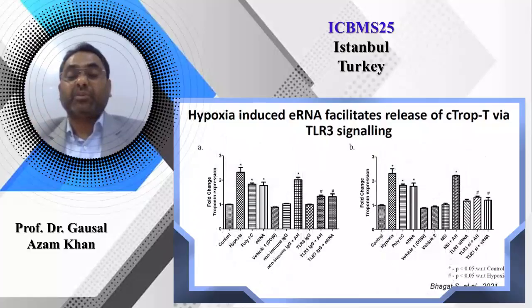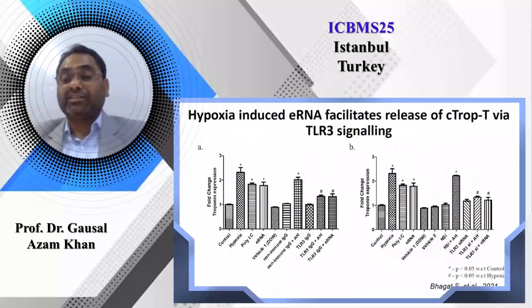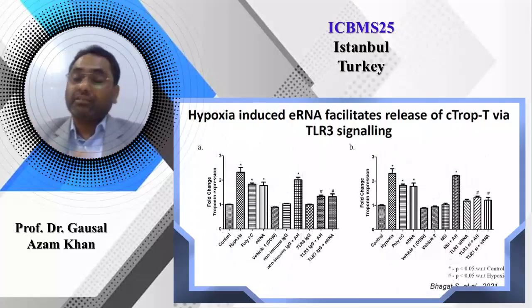In the other, a silencing model, we silenced TLR3 and exposed the animals to hypoxia, and we showed that with TLR3 silencing, acute hypoxia-induced troponin T was significantly reduced. So it suggests that it is mediated only through TLR3.